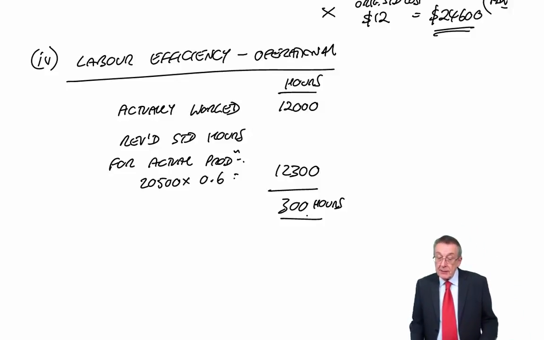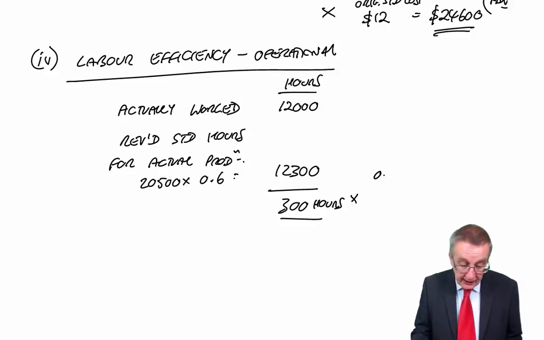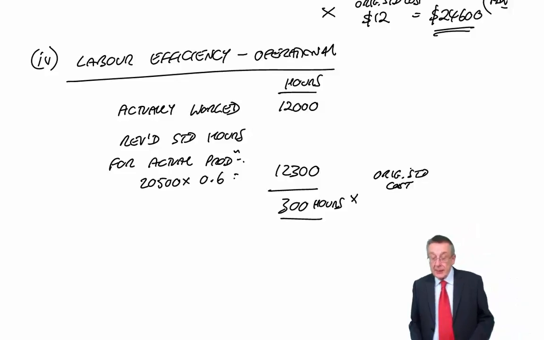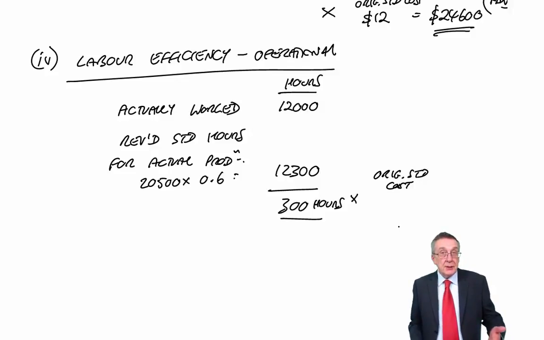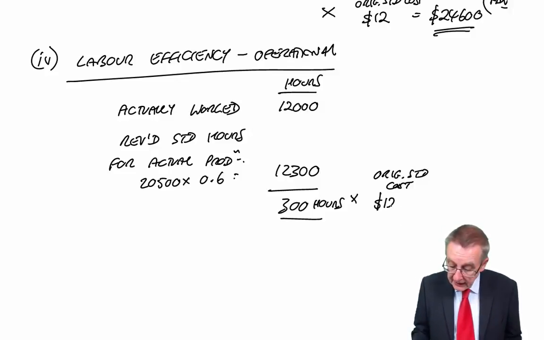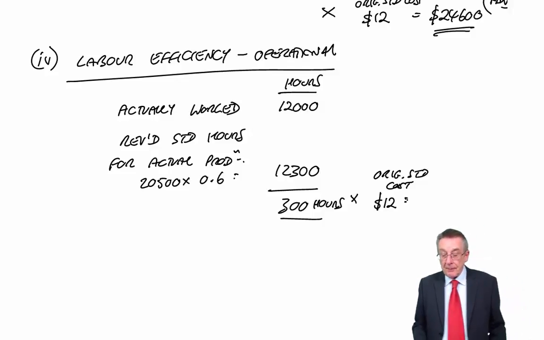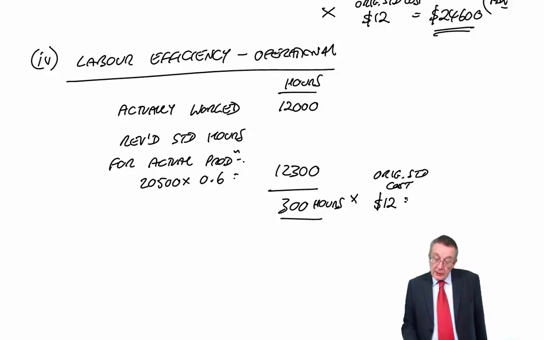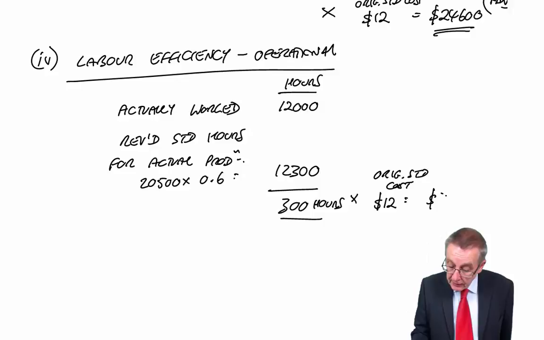Cost it out at the original standard cost per hour. Well, I've just got written down there anyway, but the original standard cost per hour, right from the beginning, $12. So 300 hours at 12, the variance is 3,600.